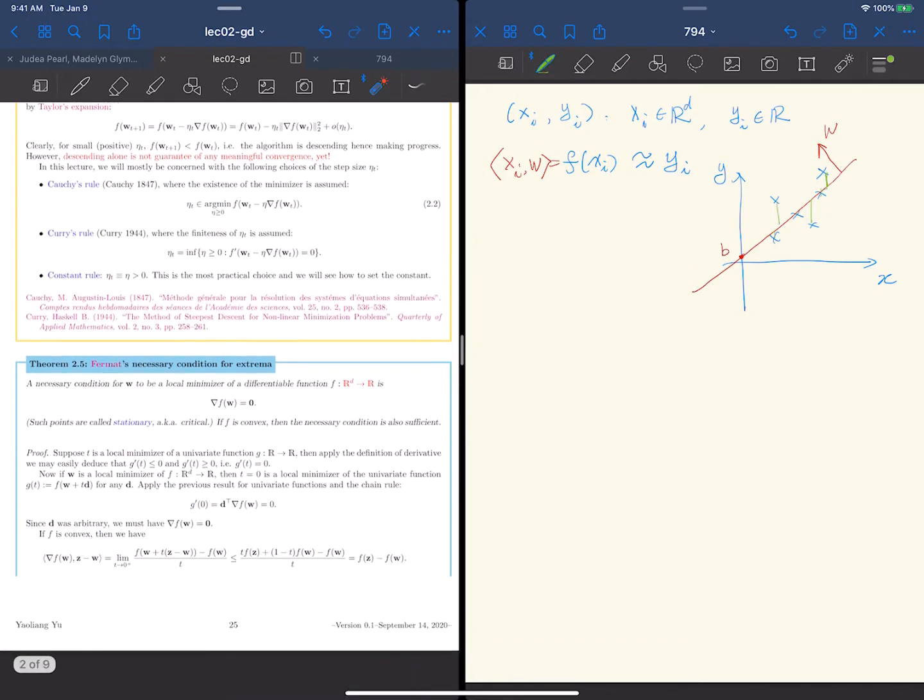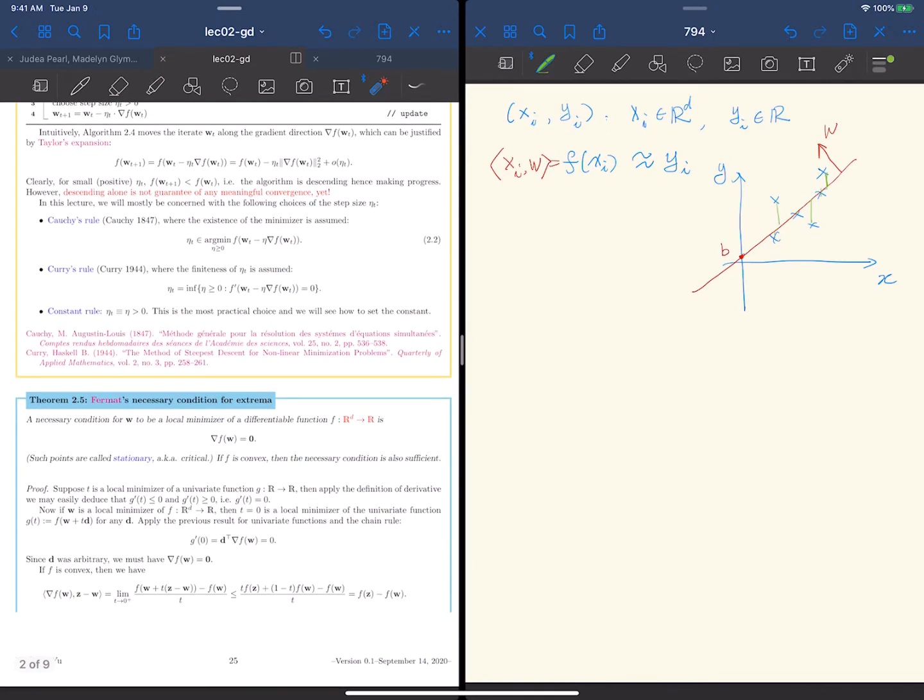Okay. And before that, I want to recall this necessary condition for finding a local minimizer or local maximizer of a differentiable function. Okay, so if you want to minimize a differentiable function f, then you know at the local minimizer, so we defined local minimizer in the previous lecture, it must satisfy this equation. So the gradient must vanish.